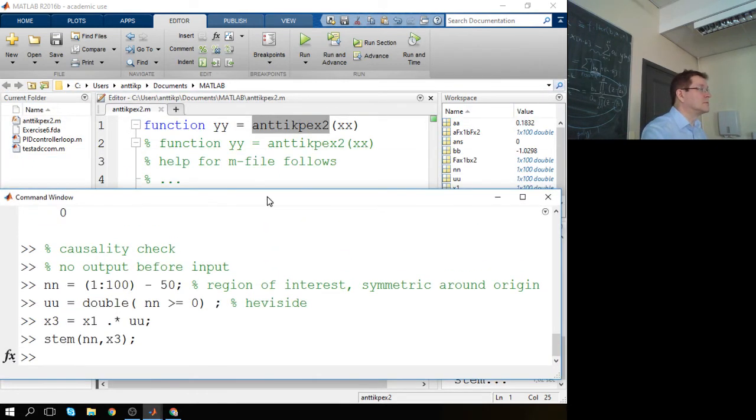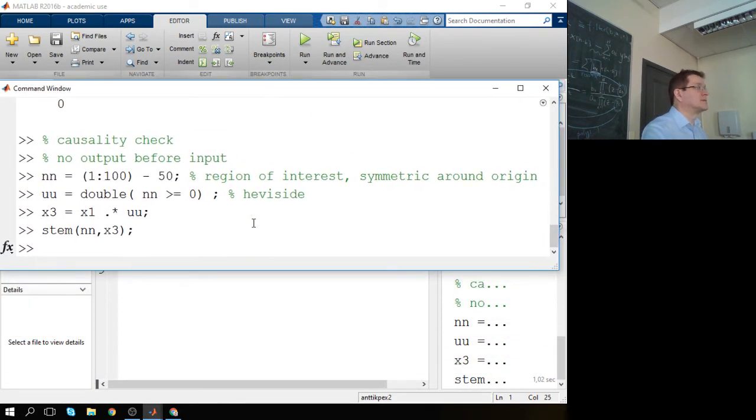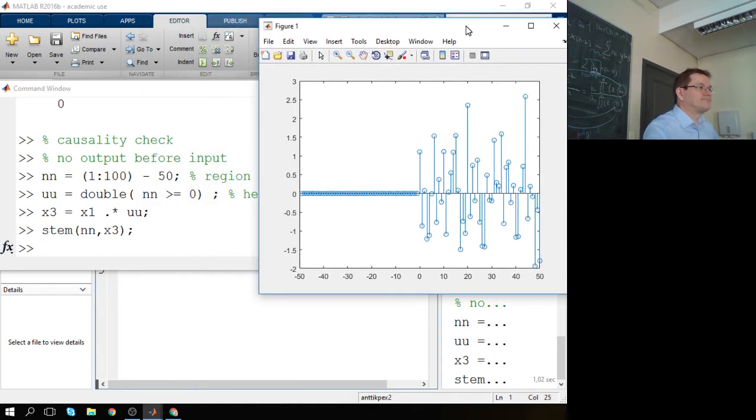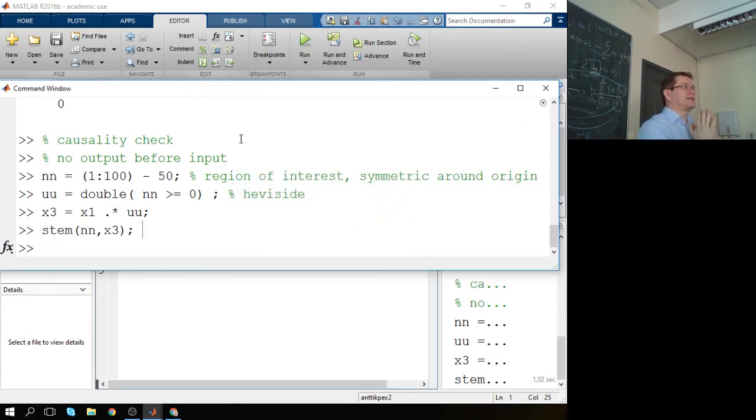Sorry. Wrong window. Good. So I have this signal which starts from 0. It's totally random, except that x is 0 whenever n is less than 0. Good. So that's a valid test vector.